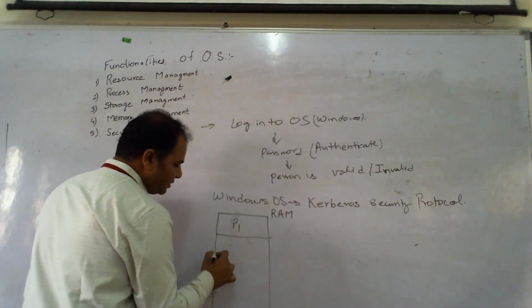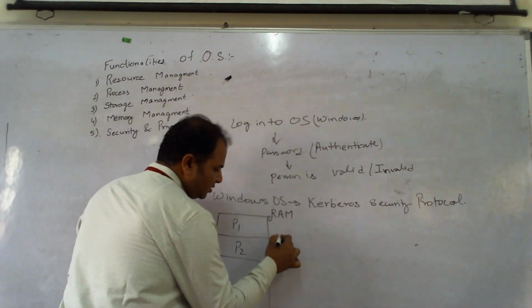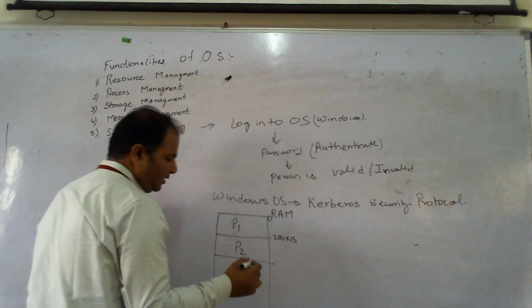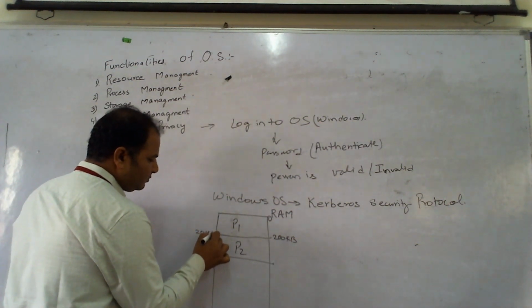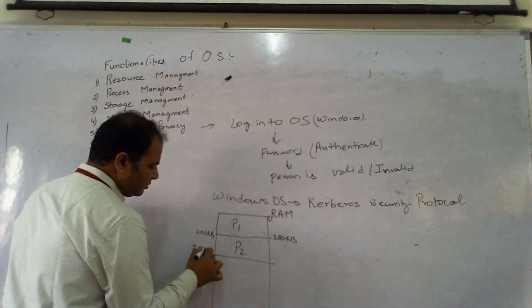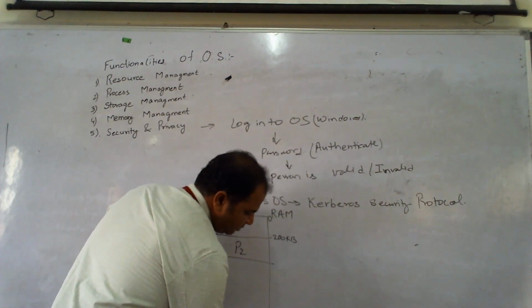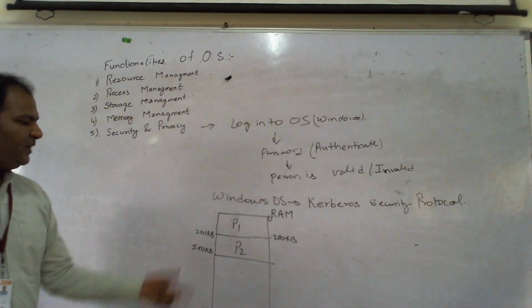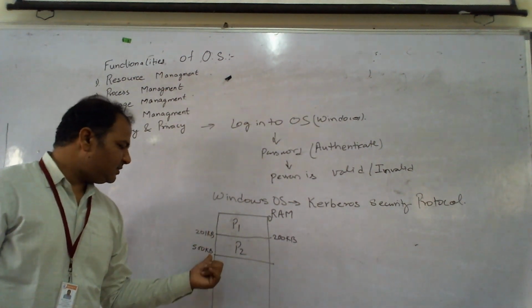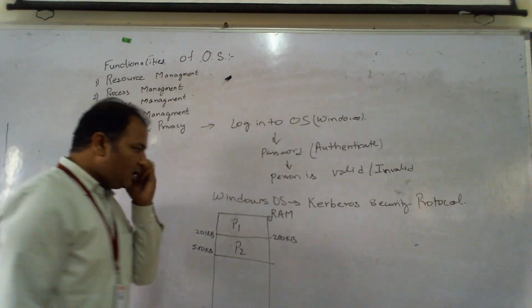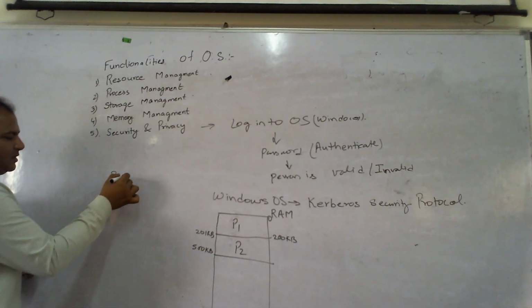Suppose this is the P1 process, this is the P2 process, and this whole space is 4G.